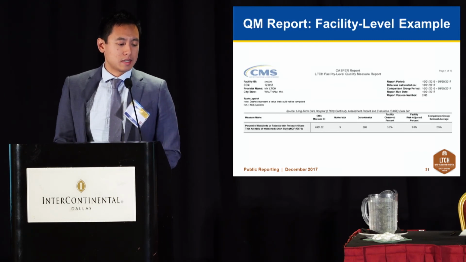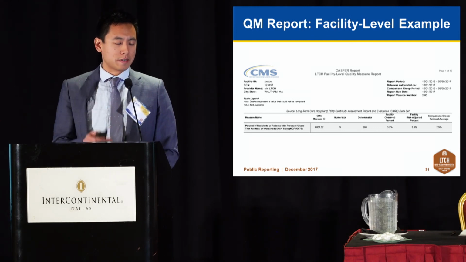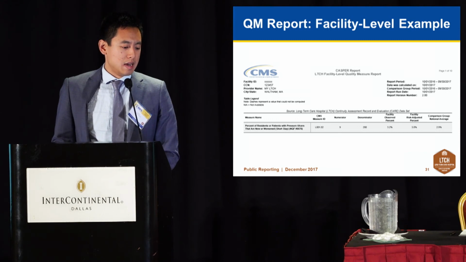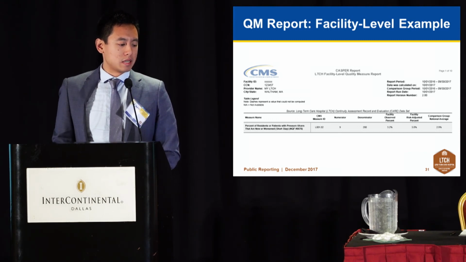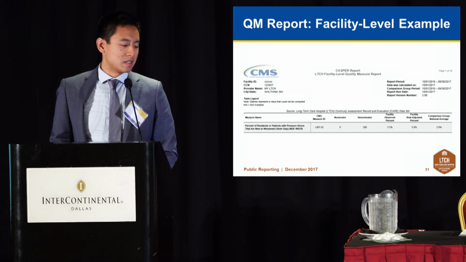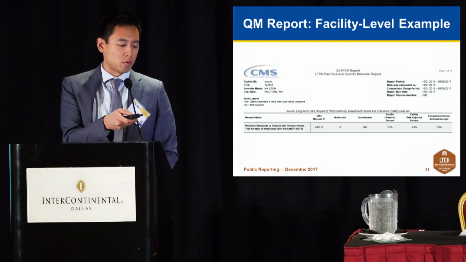So here is an example of a facility report. They look a little bit different than the review and correct reports. On the top left-hand side, you see the provider information. And on the right side, you see the report period.